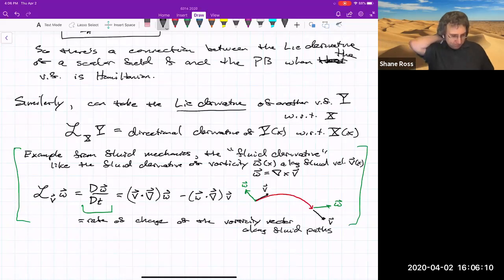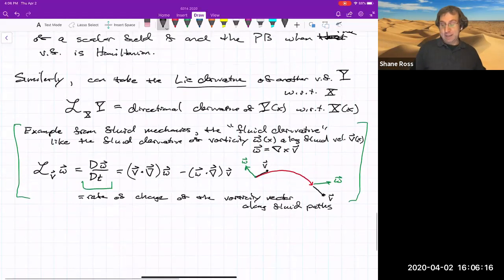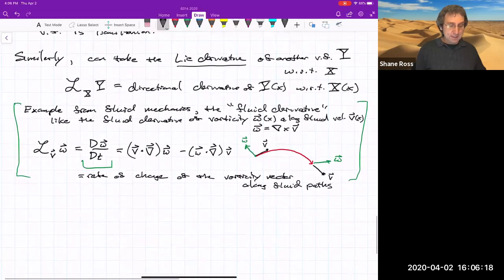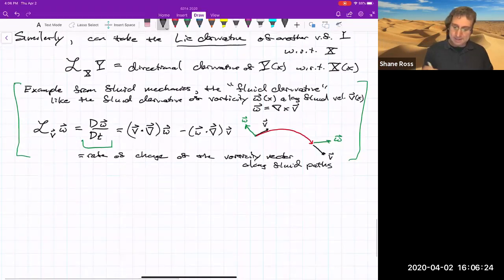Usually only in a fluids course would you try to wrap your head around that. And now let's try to wrap our head around just a generalization of this to n dimensions, for arbitrary vector fields. Well, the directional derivative of one vector field with respect to another is actually a new vector field.